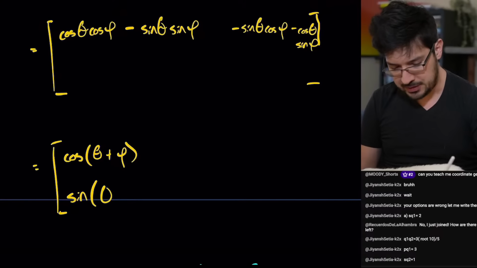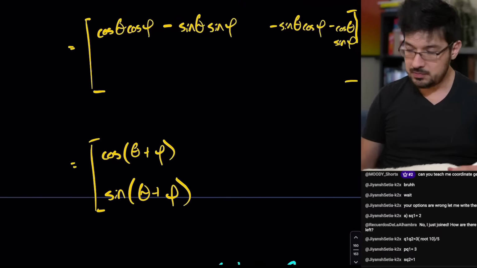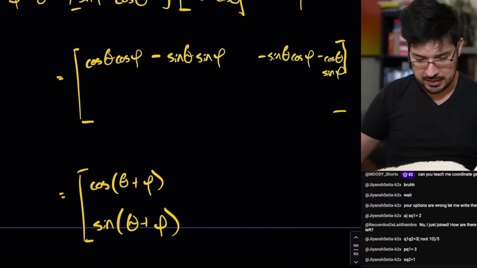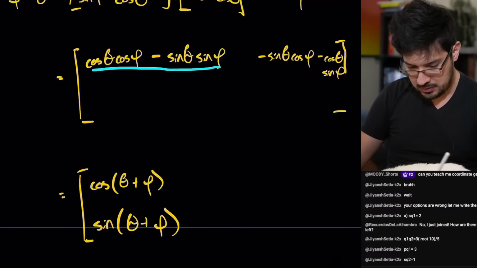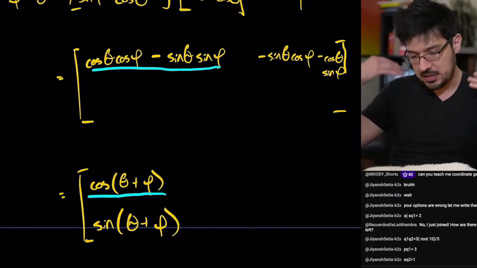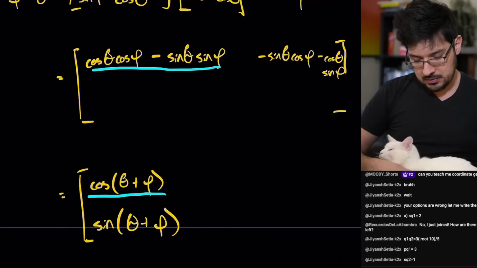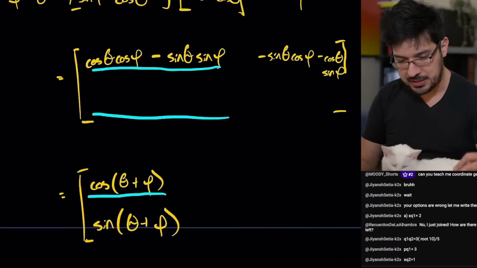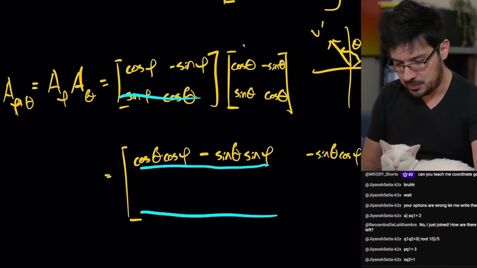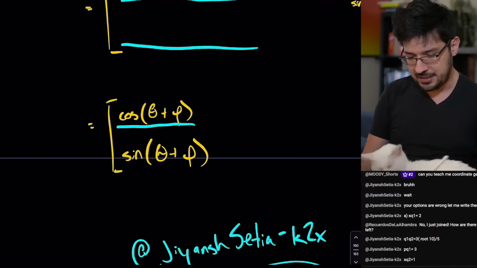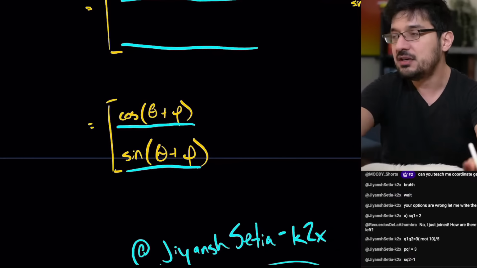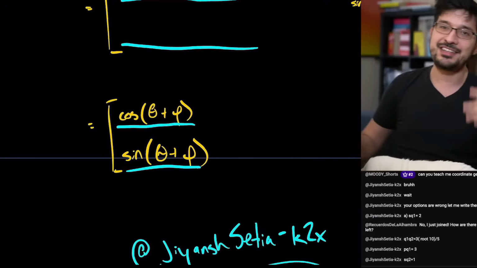These two entries are the ones that we really care about. So just wrap that up. Here's the angle sum formula for cosine. Do the same thing for this entry, multiplying this row and this column, and you get the angle addition formula for sine of the sum of two angles.